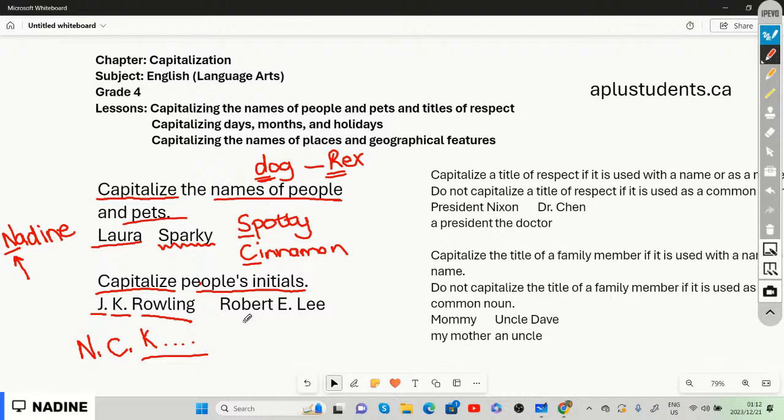And then also the same with Robert E. Lee, right? There we also have capitalized Robert. E is capitalized. Lee is capitalized, or the first letter of Lee is capitalized.